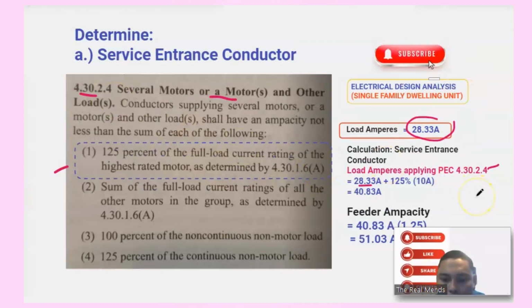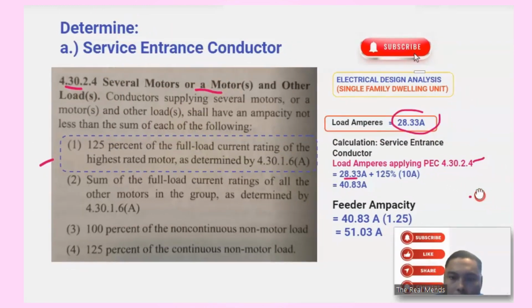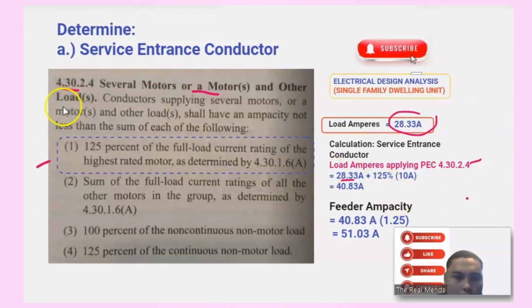And then by applying the ampacity, our load amperes, applying PEC, we have 40.83 amperes. So let's multiply this by 1.25 for spare capacity.